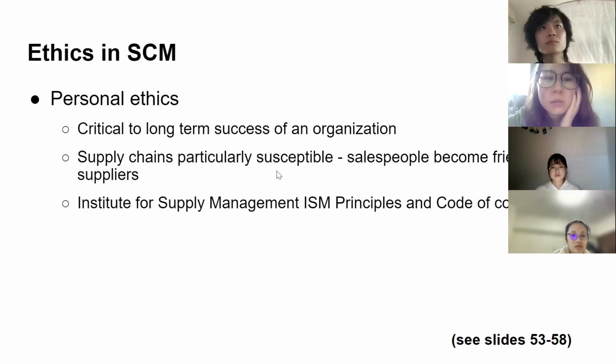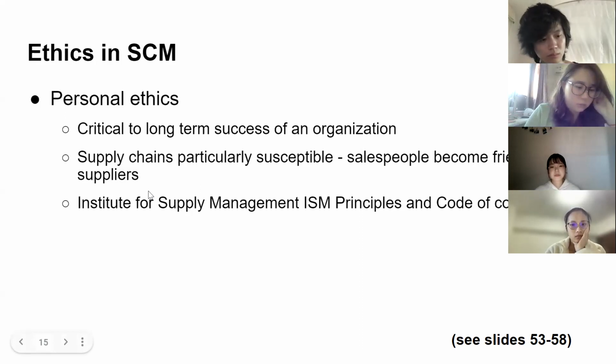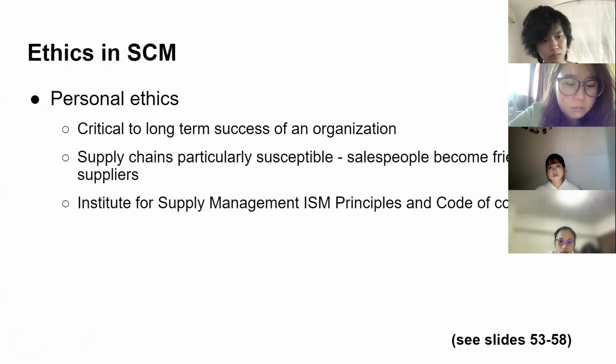Supply chains particularly are very susceptible, meaning prone to unethical behaviors. For example, salespeople become friends with suppliers. When you become too close to your suppliers, there is a tendency to say, okay, this product is okay, you can deliver. So there will be some ethical issues.